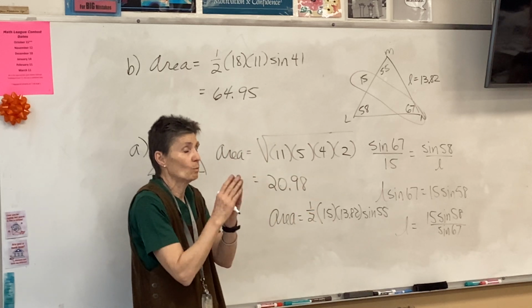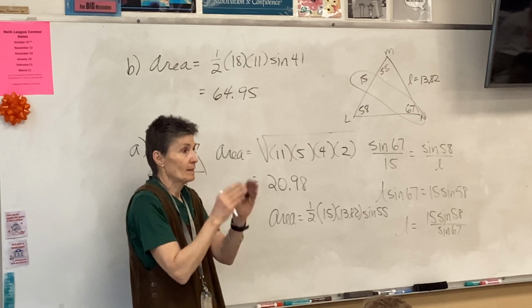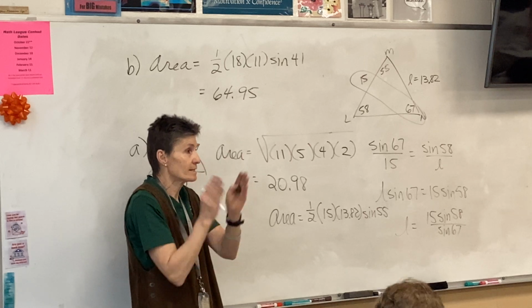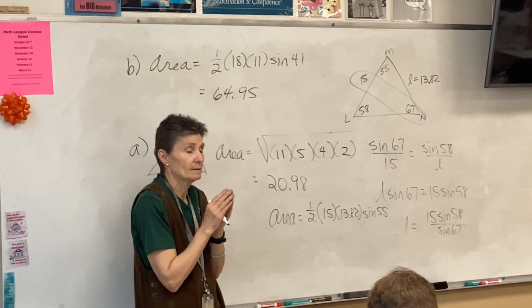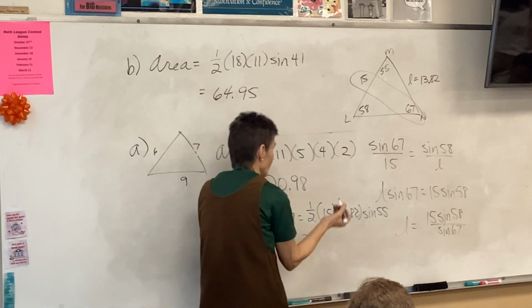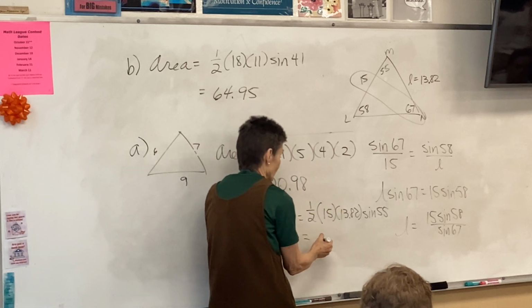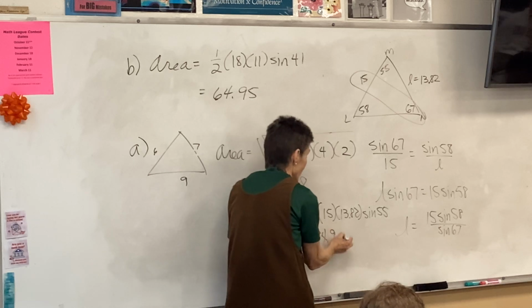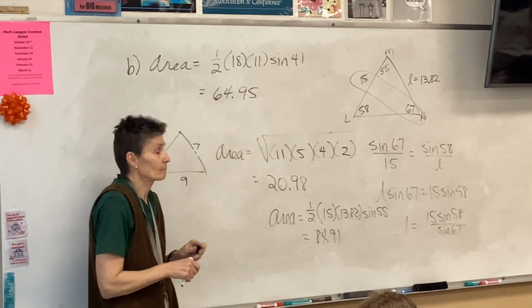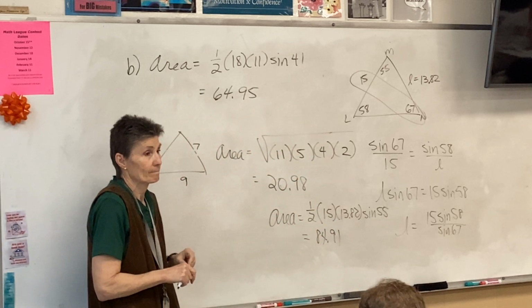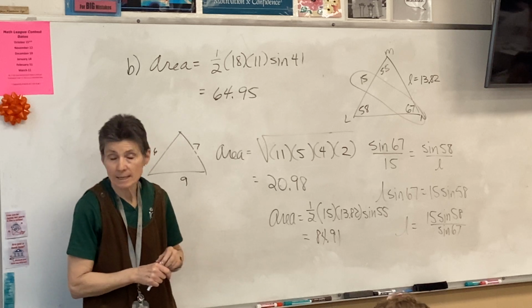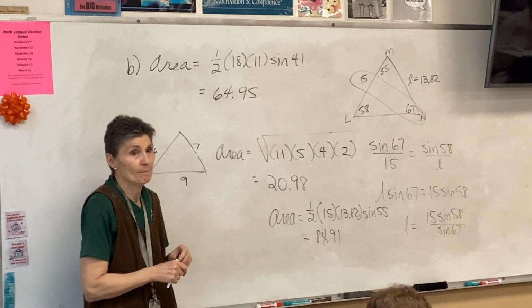Remember your formula, 1/2 side, side, sine is your area formula. So what did you come up with when you typed all that in? 84.91? Anybody have a question about that?